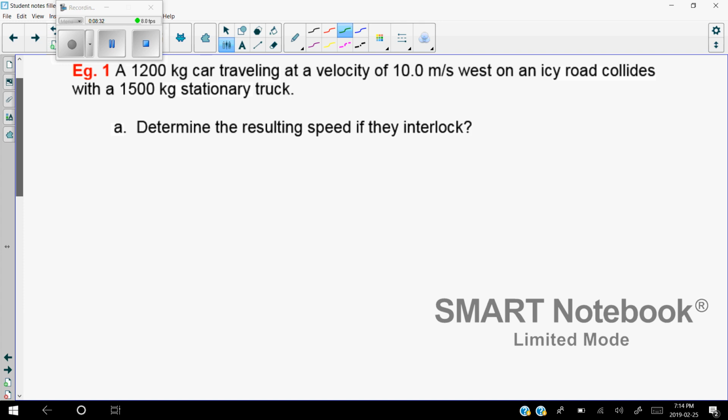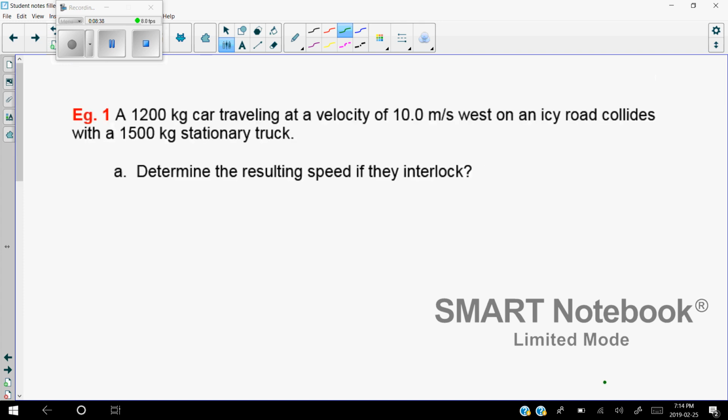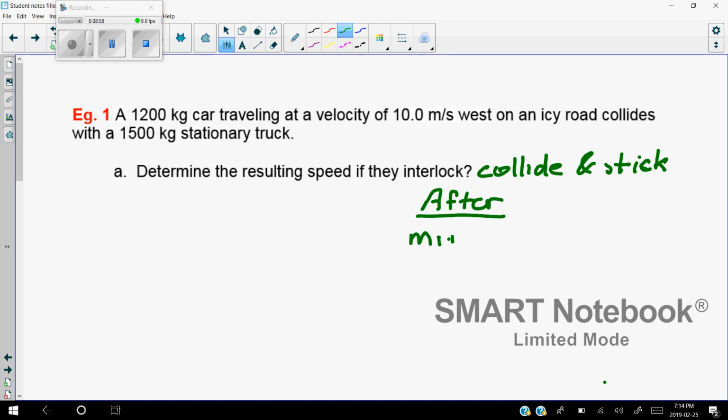So remember, this is where you're going to break it into what's happening before and what's happening after. Notice here that this is what we call a collide and stick. So after, we know that we're going to have M1 plus 2 because they join forces, and V1 plus 2.